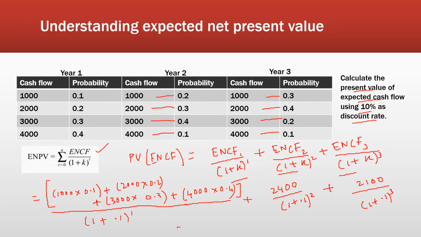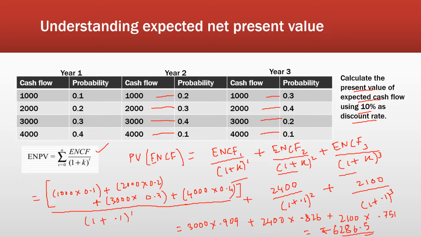Just solve it and we will get the answer. Here it will be 3000 into 0.909, like this, plus 2400 into, and so on. Just simplify it, you will find the value, and this becomes rupees 6286.5. So this is the present value of expected cash flow using 10% as the discount rate.